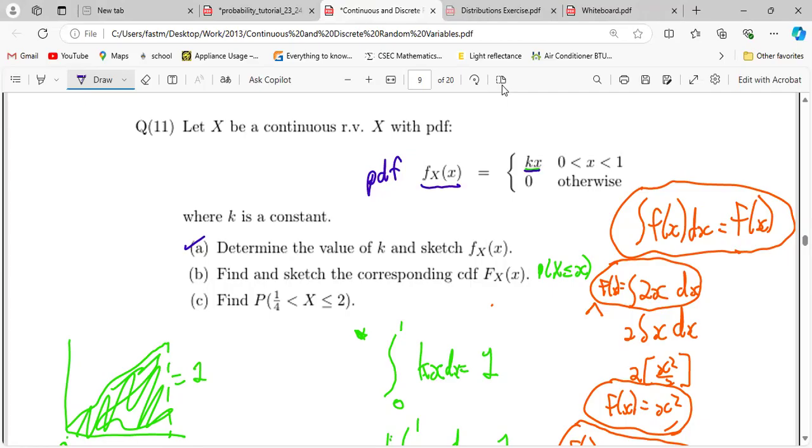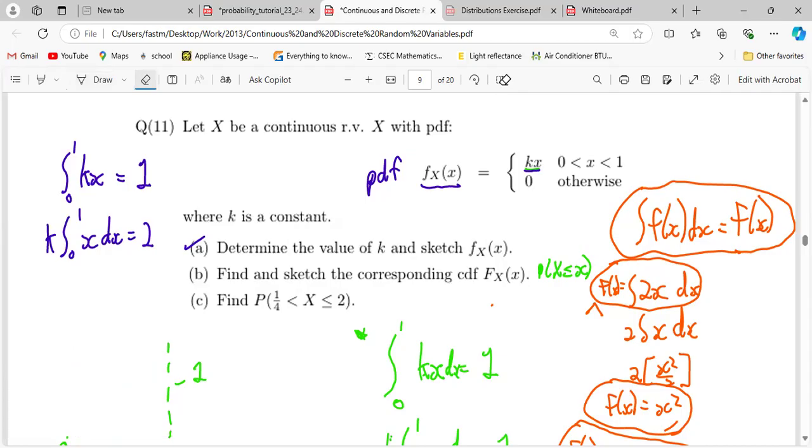So what we did, we integrate kx between the bounds that they gave us, which was 0 to 1, and this is equivalent to the total area under the graph. But we know the total area under the graph is equal to the total probability, which is 1. So k is a constant, so normal integration, you pull out the k, integral of x dx, and the integral of x is x squared on 2.